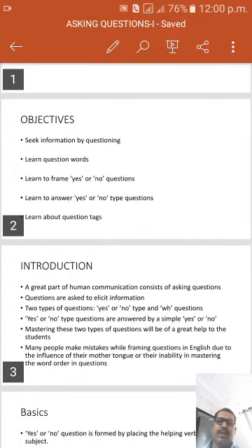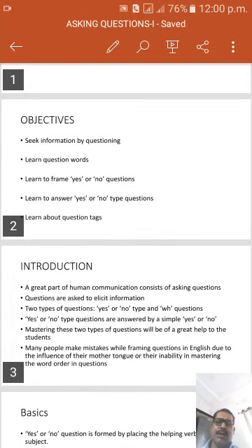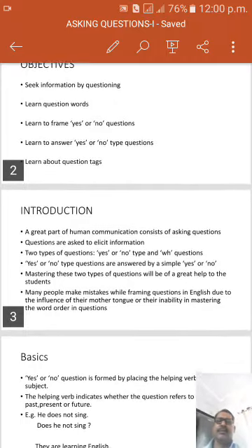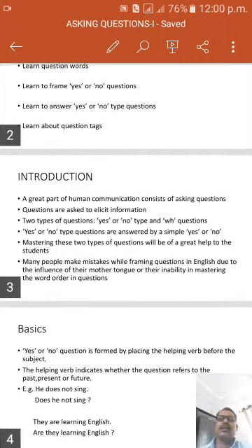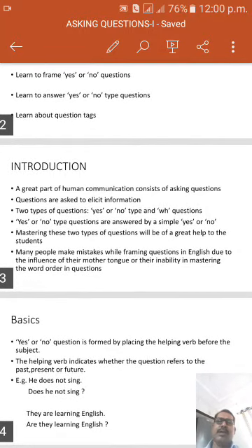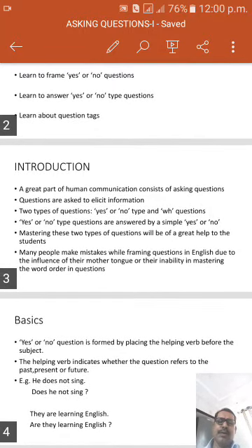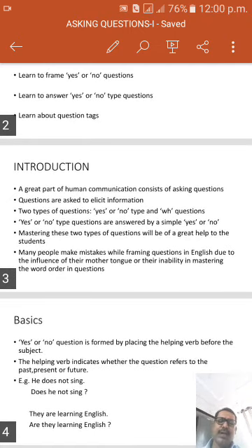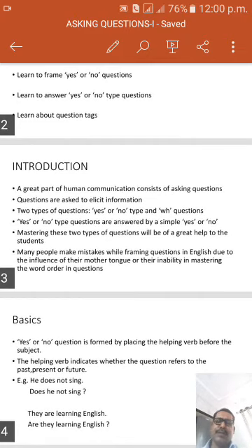The main objective is learning to frame yes or no type questions and how to answer yes or no type questions in a correct way. In the introduction, we have given some information about the importance of framing correct sentences in functional English or communicative English.